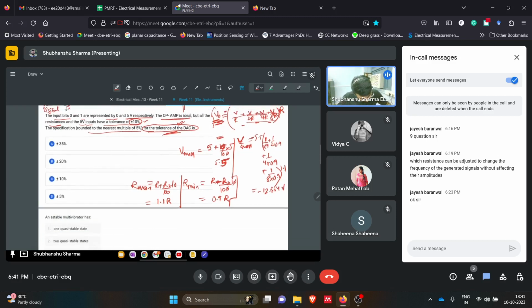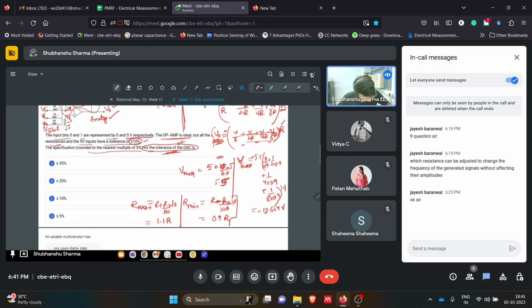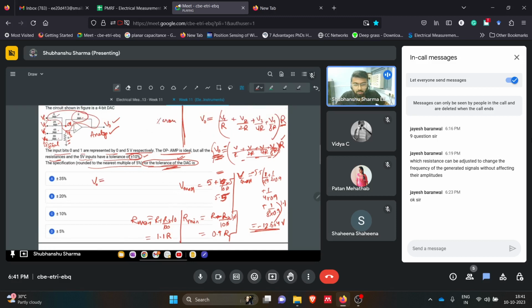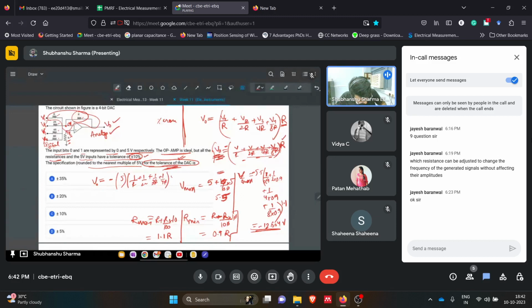Now, the tolerance of the design. This is V max, and what we were supposed to get, the normal V naught, would have been with the normal values of all the voltages and the resistances. That is simple. Taking 5 common, 1 by R is R plus 1 by 2R plus 1 by 3R plus 1 by 4R into R. Simple.